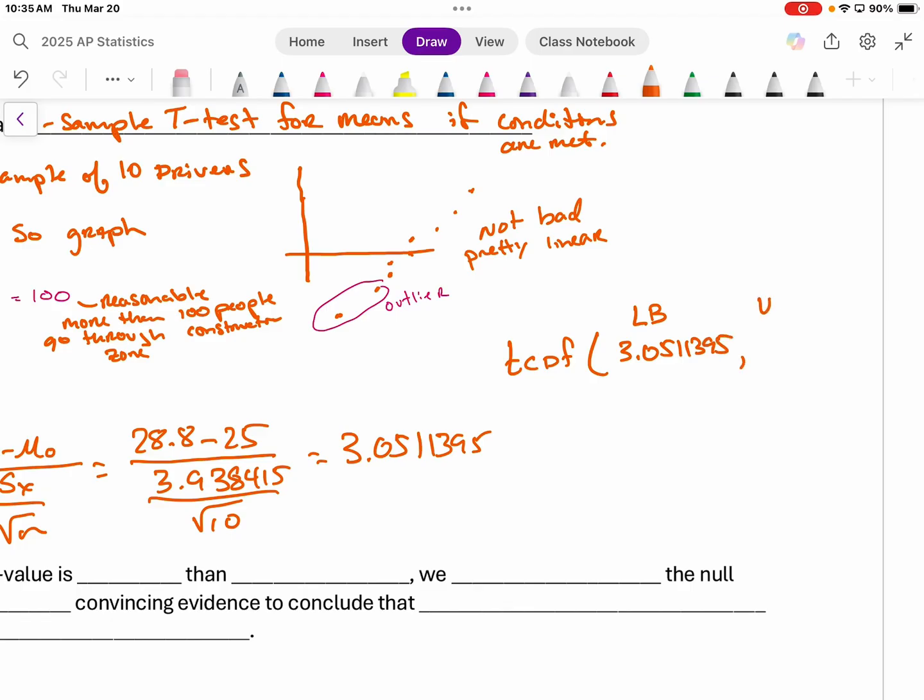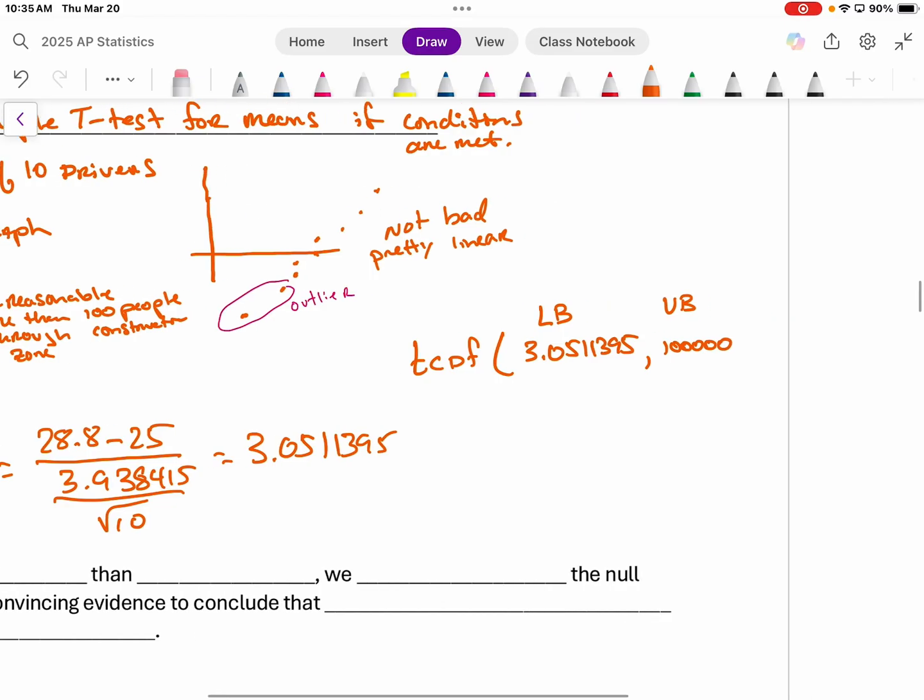My upper bound, something really big. And my degrees of freedom in this case would be 9 because they said we had a sample of 10 cars. And again, that's going to give me my p-value, so then I can compare it to the alpha.